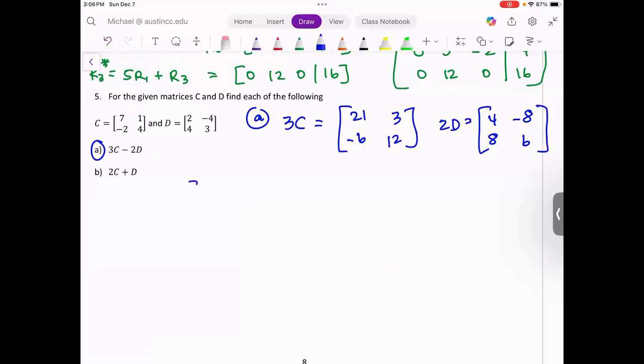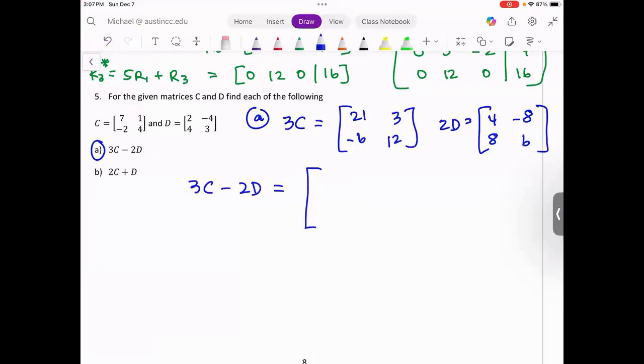So to add the two, 3c plus 2d, we just add each respective element. So the first one is going to be 21 plus 4, 25. Oh, I'm sorry. This is supposed to be a minus.